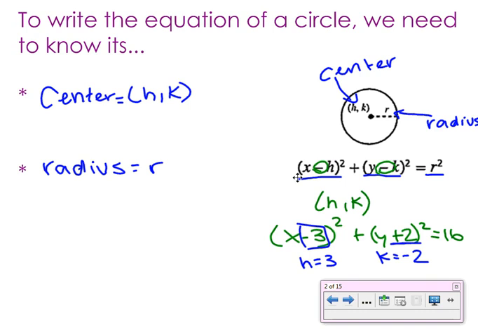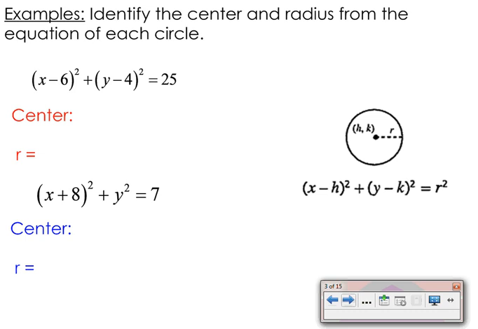So let us look at a few examples. Here we're trying to identify the center and the radius from the equation given to us. Now remember, our center point is h, k. So on my equation, I have to label my h and my k. So here's h, here's k. Remember, we have to take the opposite sign. So here we have a negative 6, so our h is actually going to be positive.